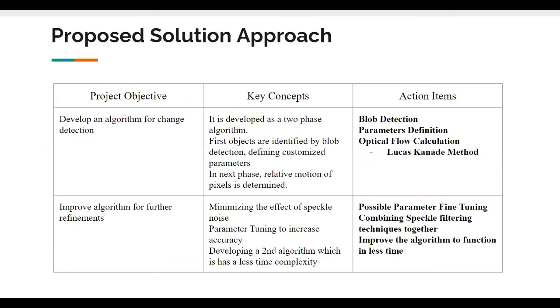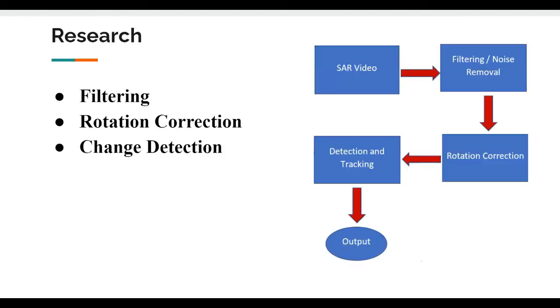And the algorithm that we developed for change detection comprises two parts. The first one is optical flow calculation using the Lucas-Kanade method, and we combined it with blob detection and analysis. Finally, to improve our algorithm, we did possible parameter fine-tuning and improved the algorithm to reduce the time complexity.